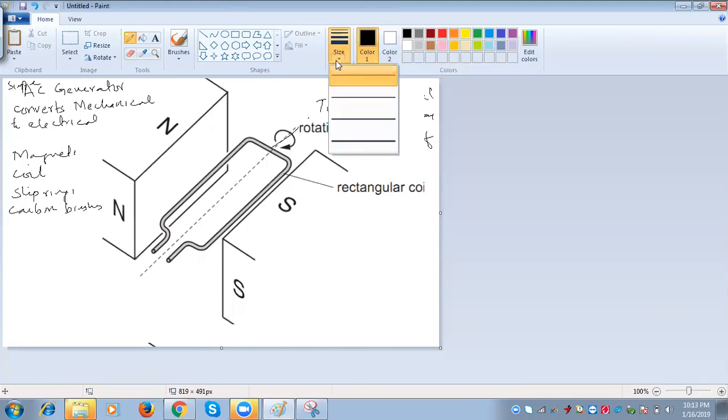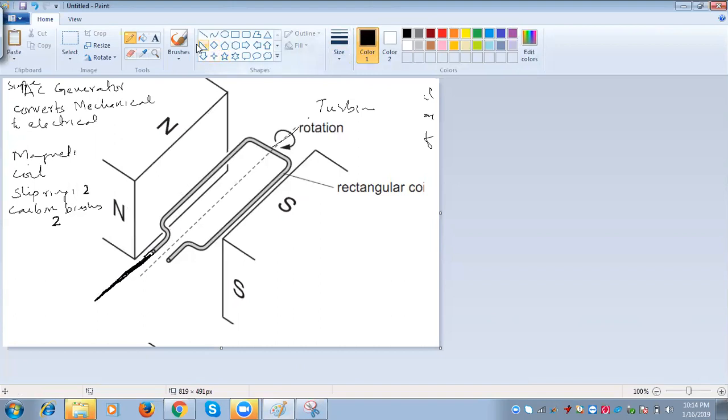Let me take a little thicker pencil. So there are two slip rings needed here. Carbon brushes also two. And the slip rings will be attached to each side of the coil.